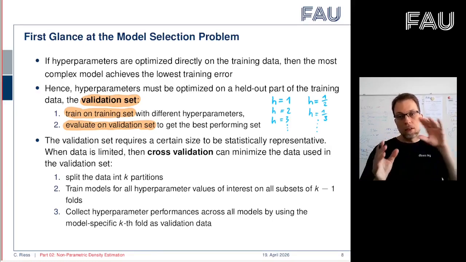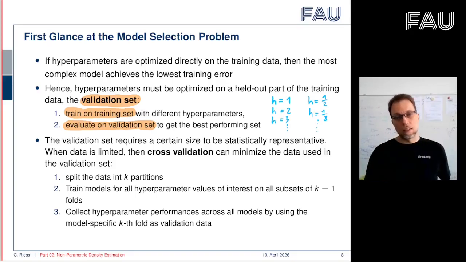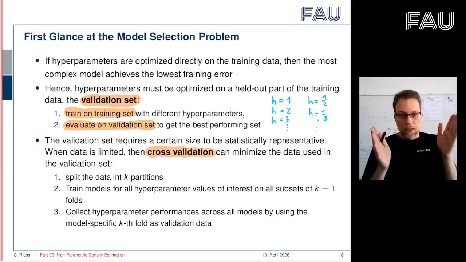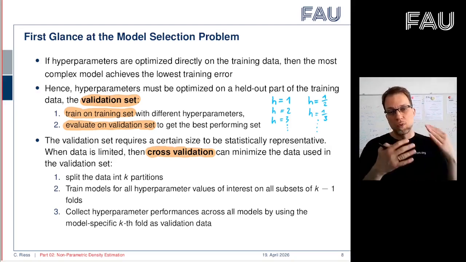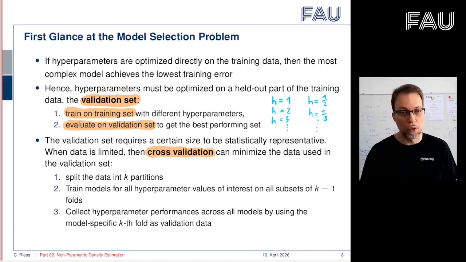If the data set is too small to have a good statistically representative validation set, then you can always trick this together with a technique called cross-validation. With cross-validation, you take the data that you have, split it into k partitions, and then train models for all these hyperparameters on all subsets of k minus 1 of these partitions, folds, sorry, in the phrasing of k-fold cross-validation.